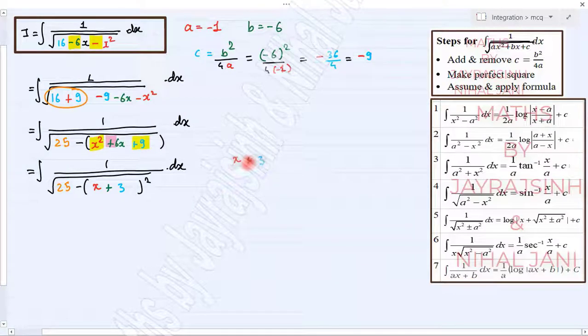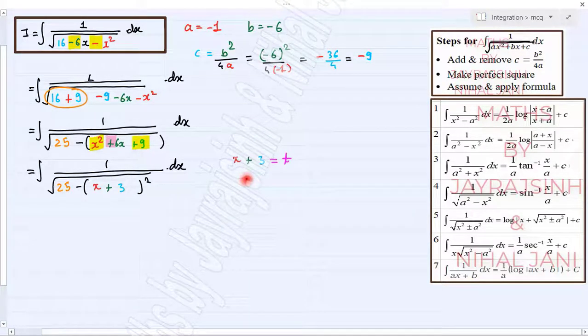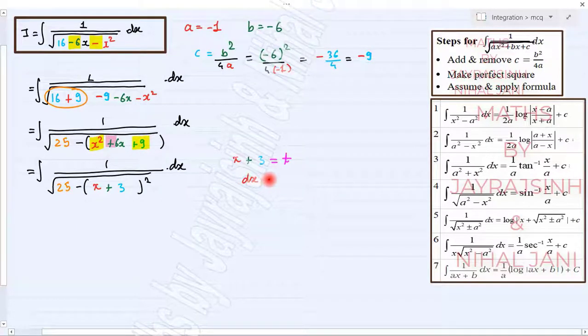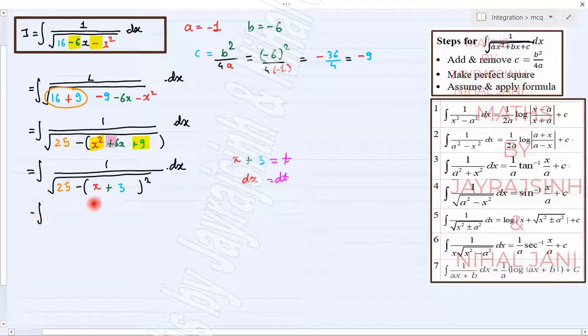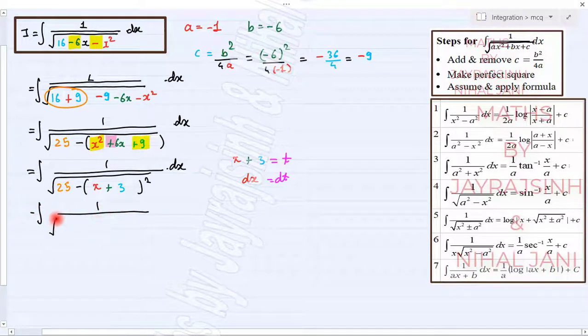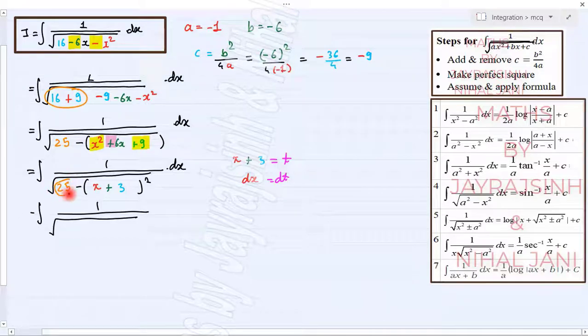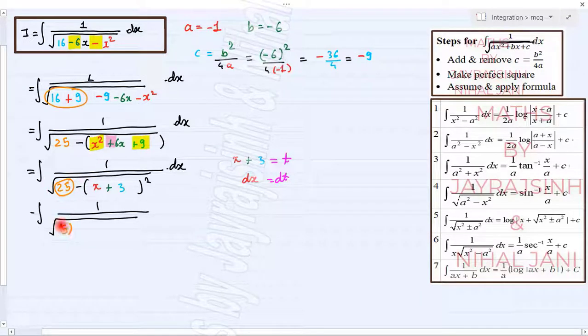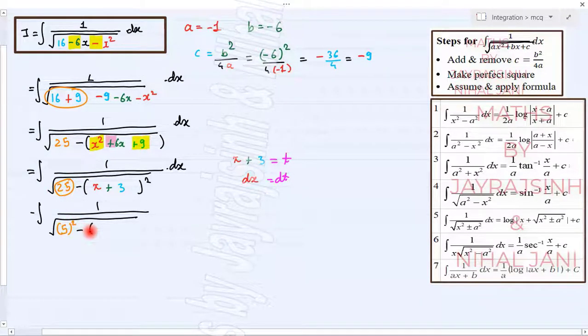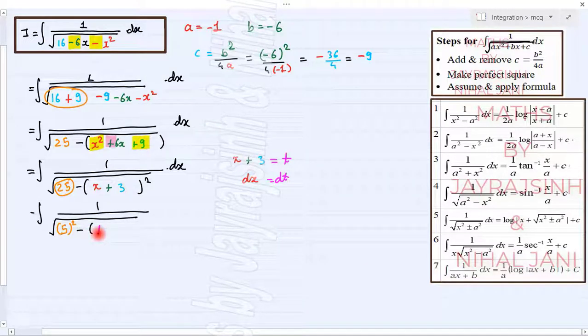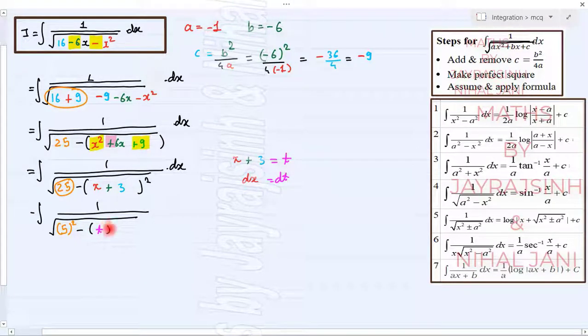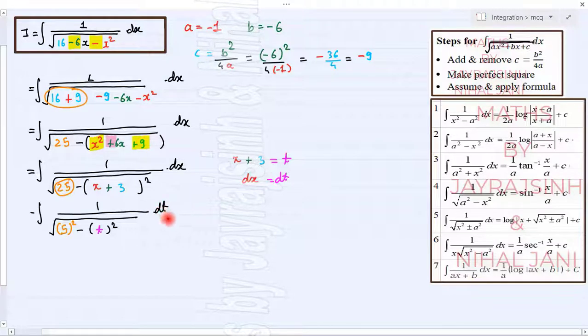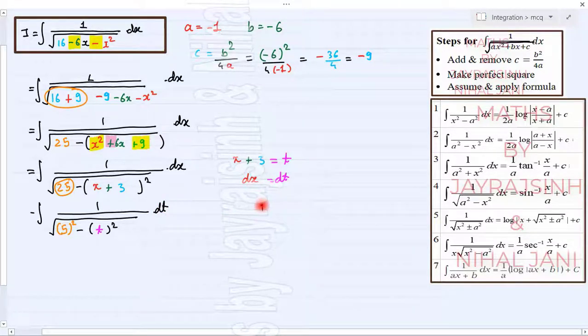In the third step, to make standard form, we have to assume the bracket is equal to t. So we can get dx is equal to dt. So your integration is converted into this, 25 is actually 5 square. Then we assume your bracket as t. So we'll get t square and dt.